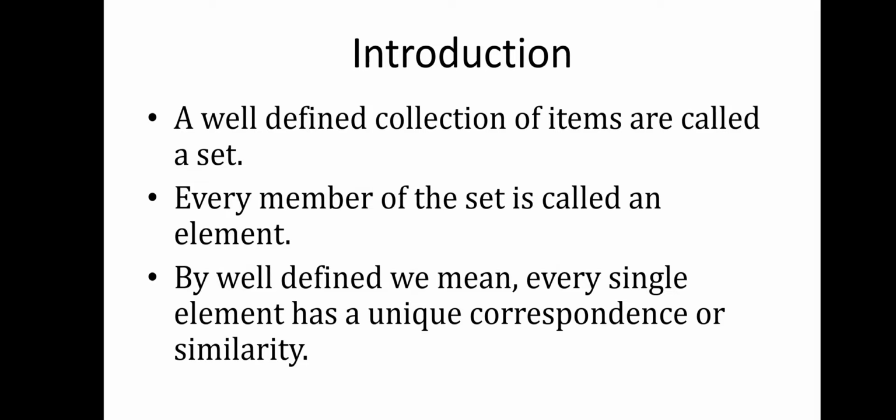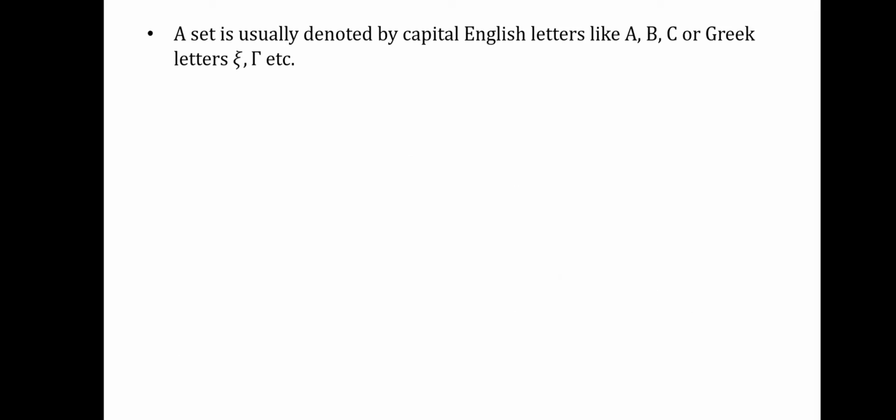Fine. Now, let us understand how a set is denoted. We already know a set is denoted by the capital letters in English and also some Greek letters. For some special kinds of sets, we use the Greek letters as well.